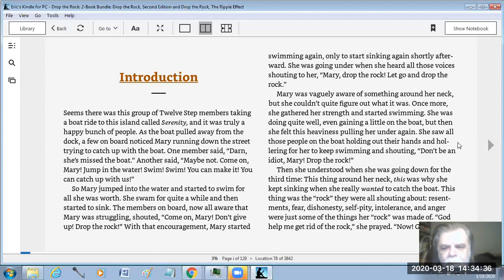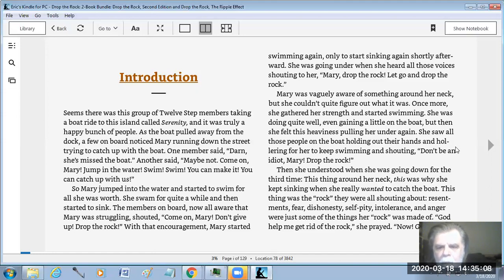With that encouragement, Mary started swimming again, only to start sinking again shortly afterwards. She was going under when she heard all of those voices shouting to her, "Mary, drop the rock. Let it go. Drop the rock." Mary was vaguely aware of something around her neck, but she couldn't quite figure out what it was. Once more, she gathered her strength and started swimming. She was doing quite well, even gaining a little on the boat. But then she felt this heaviness pulling her under again.